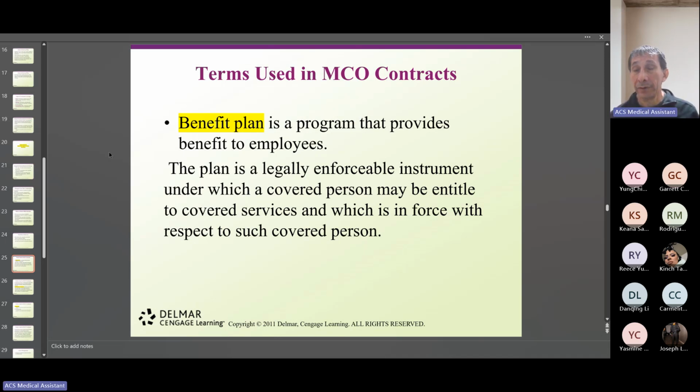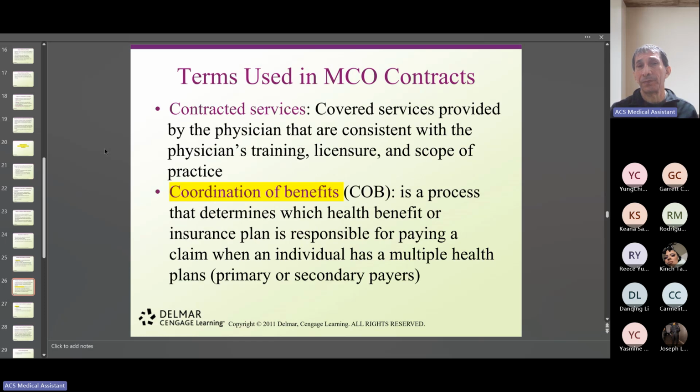It is part of these managed care organizations to protect the employees from the employers if they don't render the services that are written within the contract. So that's a benefit plan. So that's good for us, because when we get a job, we're going to be able to read what benefits we are going to be eligible to receive. So pay attention to all this. This is very important.